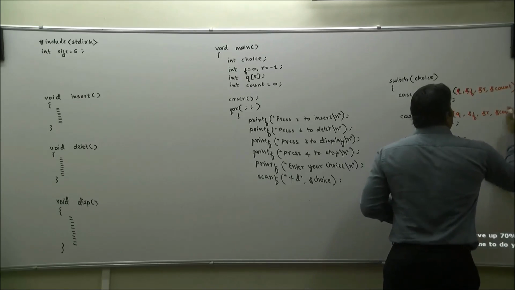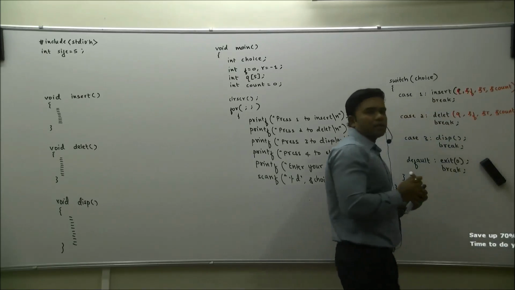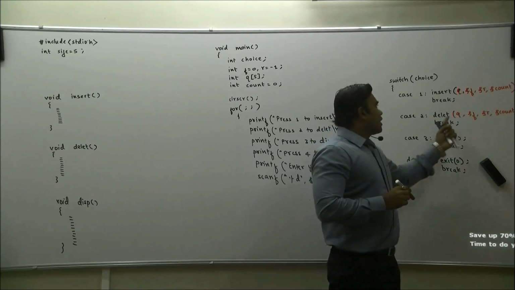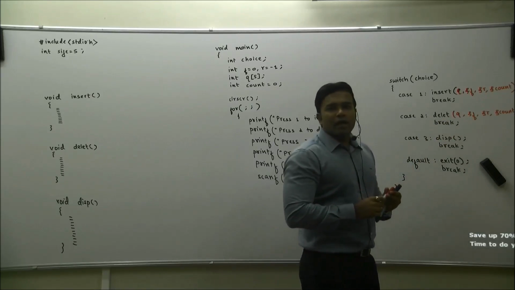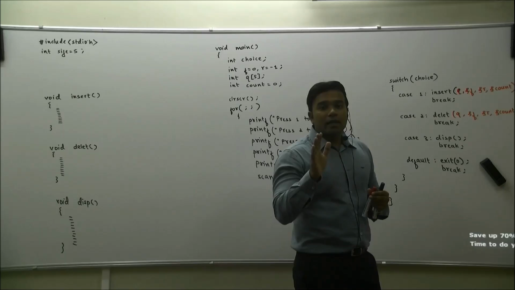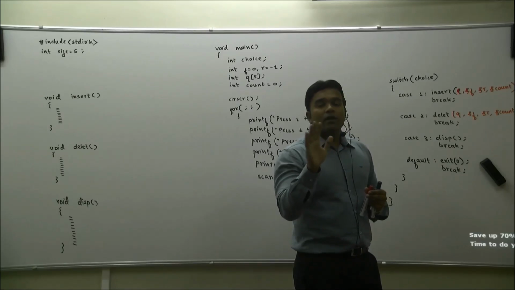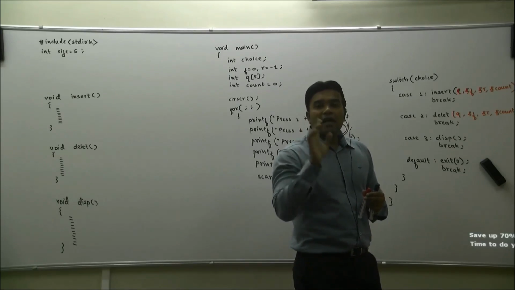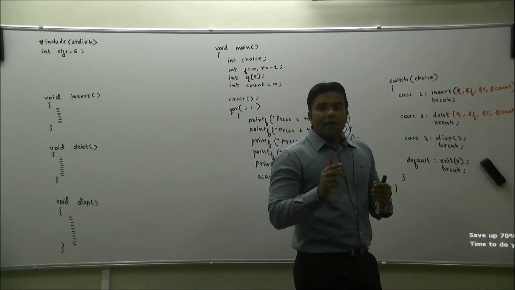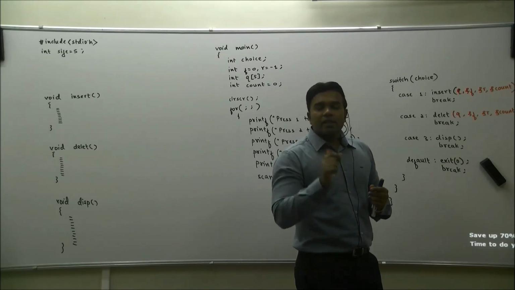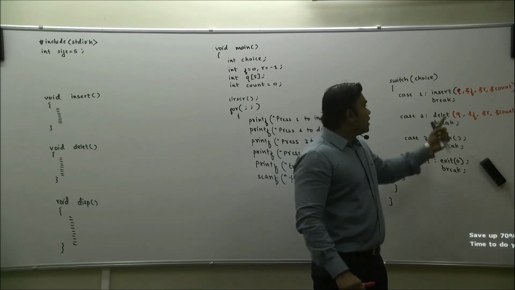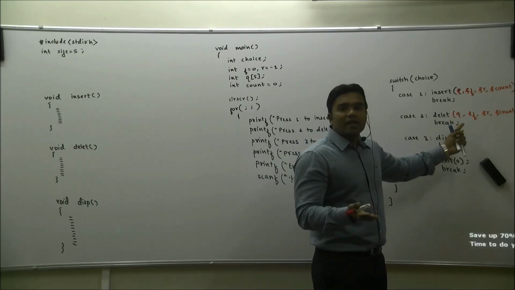Some of you may ask, sir, for all these you are passing the address, why are you not writing ampersand q? Please understand, q is not an ordinary variable, q is an array. In one of my previous lectures in strings I told you, mentioning the array name gives us the base address.